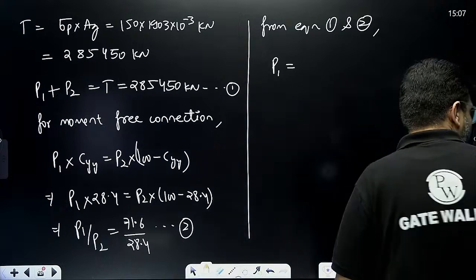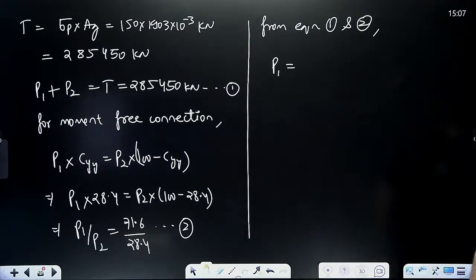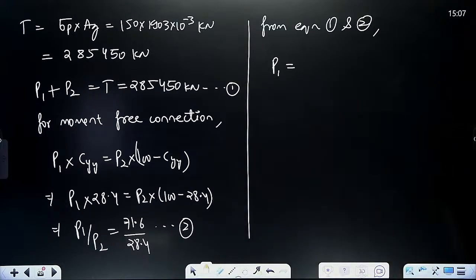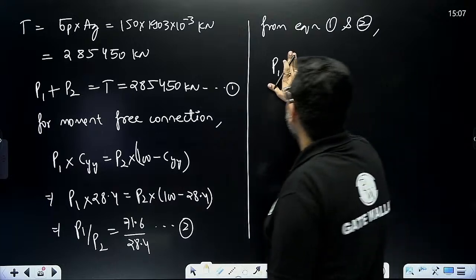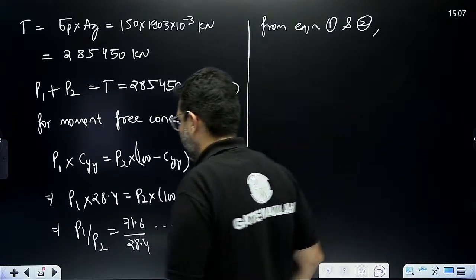P1 is equal to how much? I have solved it. P1 came out to be, and P2 I can calculate here. How much are you getting? Or instead of calculating P1, P2, one more thing I can do here.